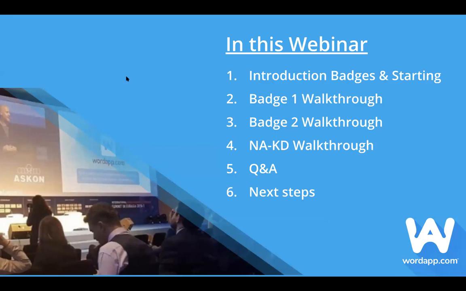After that, we'll do a bit of a Q&A. If you guys have any questions, you can ask them and I will answer them. And then I'll talk a bit about the next steps and what the expectations are there. In the meantime, until the Q&A, if you have any questions, please put them in the chat. Then we can go through them and answer them as we go. We want to make this as easy as possible for you guys, so please do interrupt whenever you have a question that needs answering.